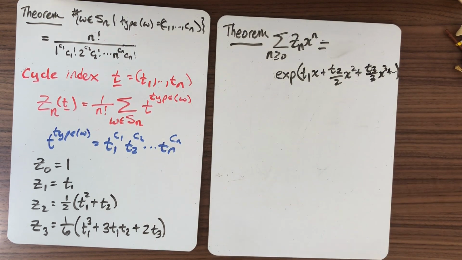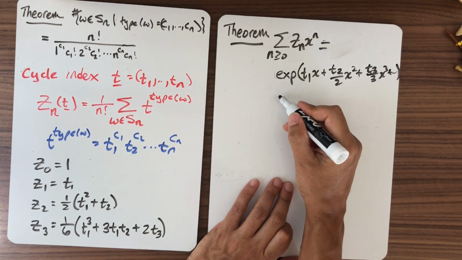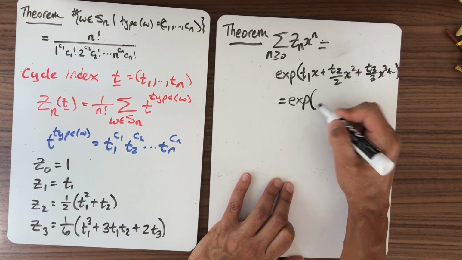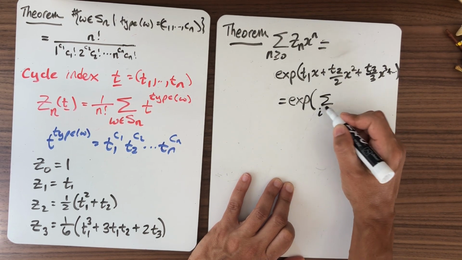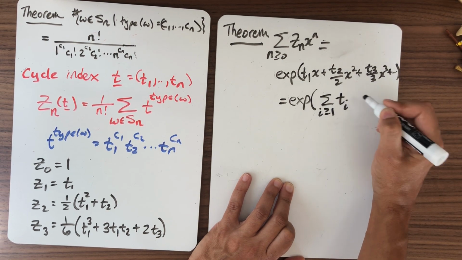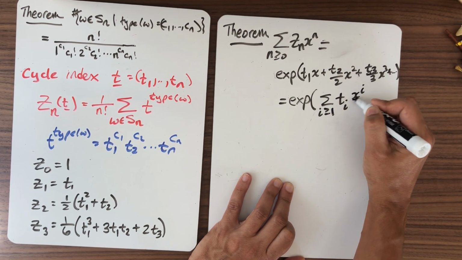So these are not factorials. It's a little confusing when you write 2. These are honest answers. So another way to write this is exp of the sum, i greater than or equal to 1, of t sub i x to the i over i.